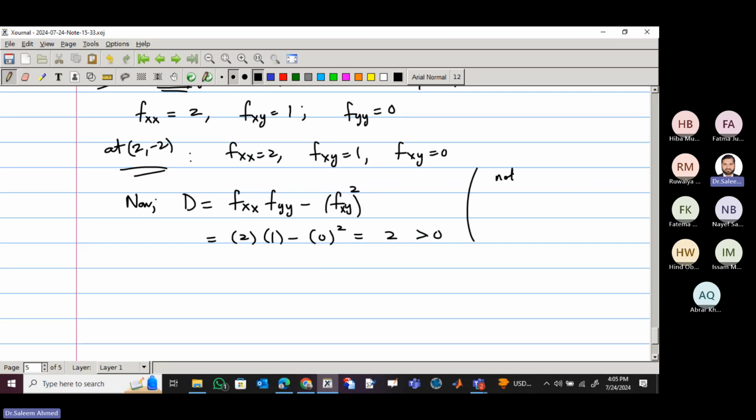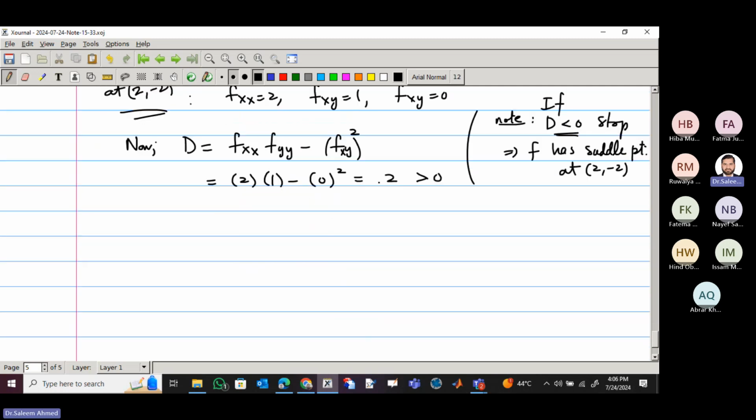Note here, if D is negative, stop and say that f has a saddle point at the critical point (2, -2). If D is negative, don't go ahead. Stop and say it is a saddle point. But my D is positive. If D is positive, then don't stop. Go ahead.